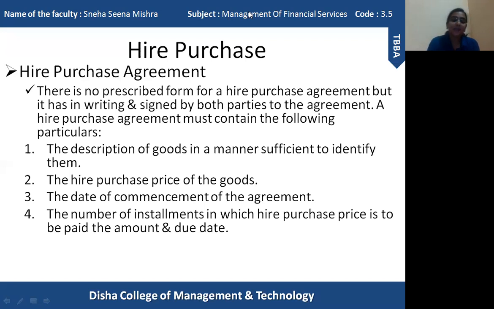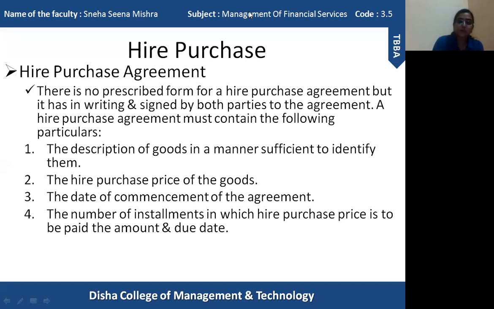Clear? The last one says the number of installments in which the hire purchase price is to be paid, the amount, and the due date. So how many installments, 5, 6, 10, 12, whatever, has to be mentioned in the agreement. The price of each installment and the due date.